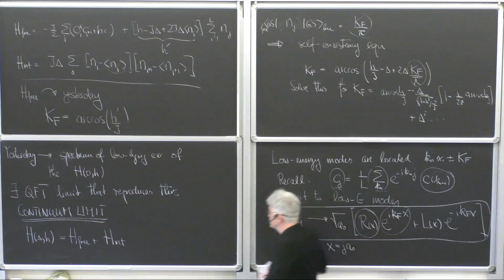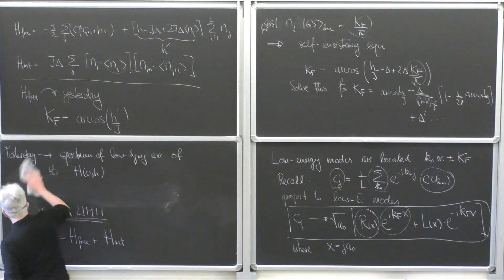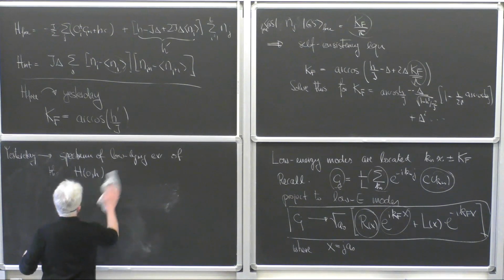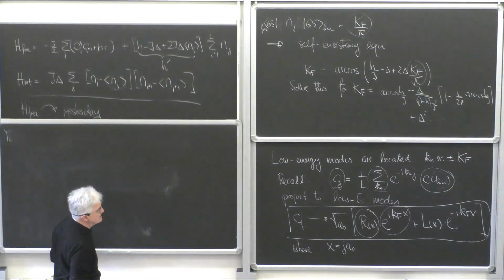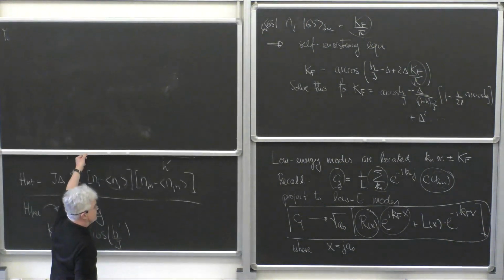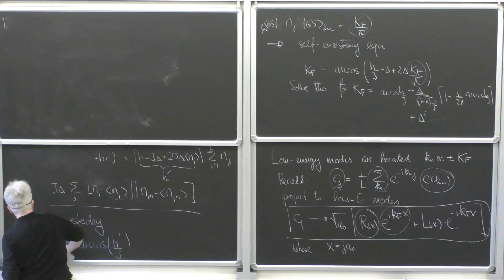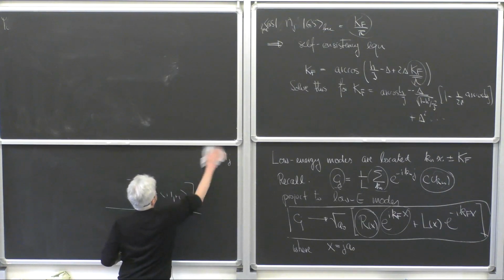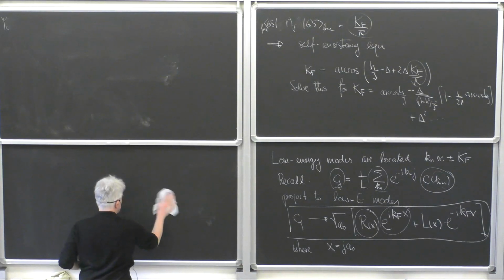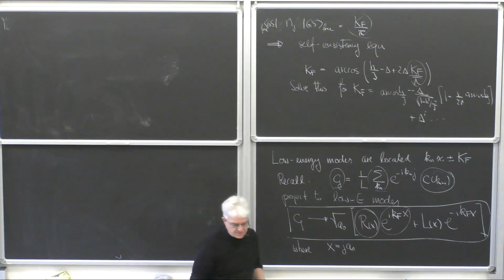This is how you obtain these right and left moving Fermi fields. And now you just plug this into the Hamiltonian.